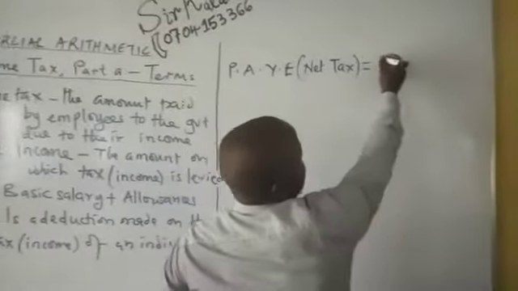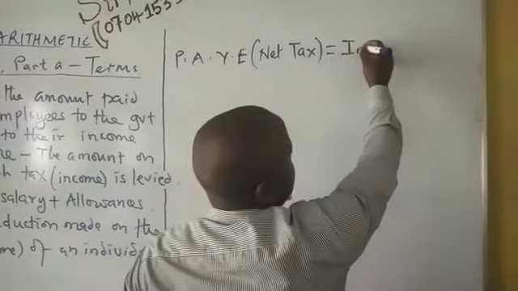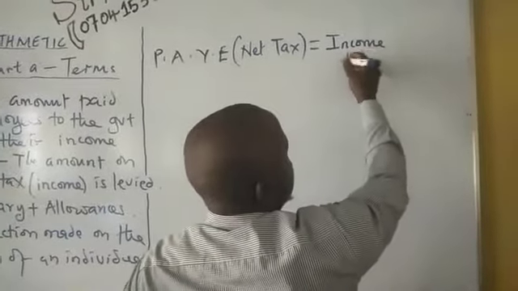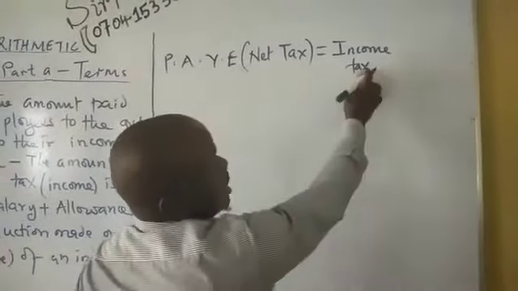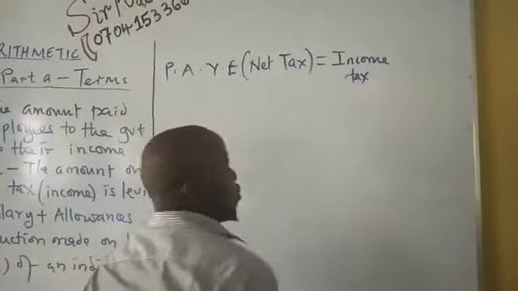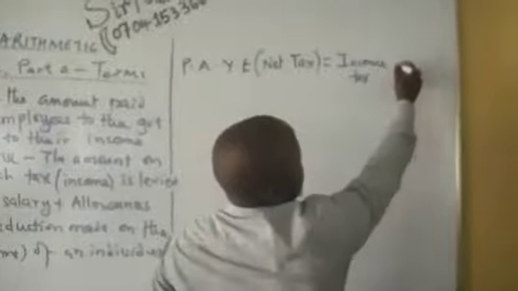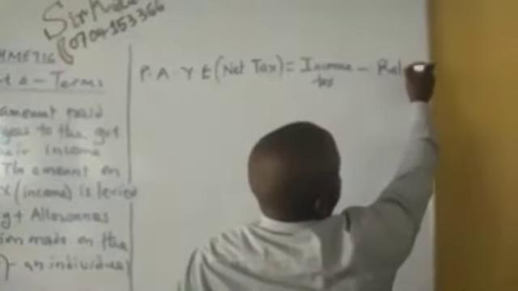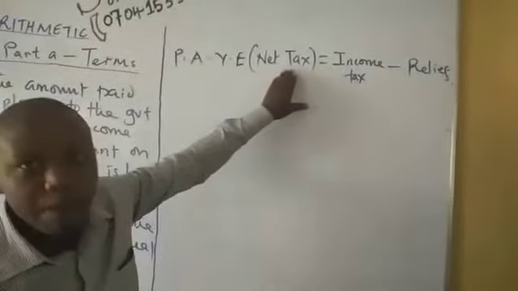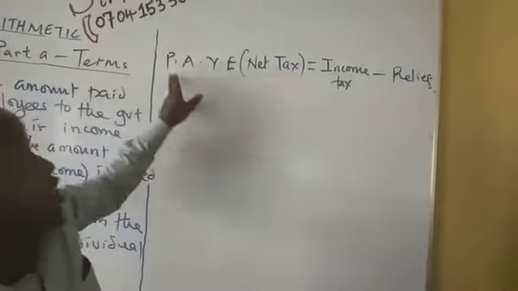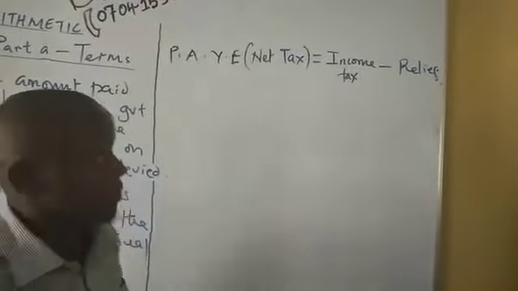Therefore, when we take the income tax or the total tax due to somebody's taxable income and we subtract relief, then we get the net tax paid by that person, or the payee of that person.